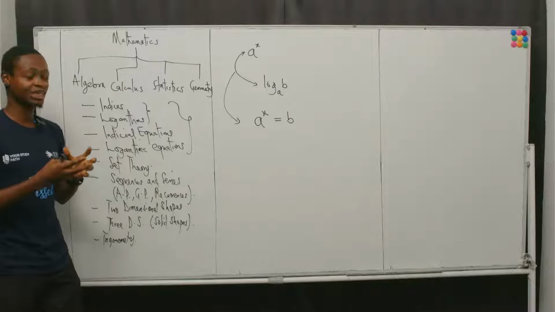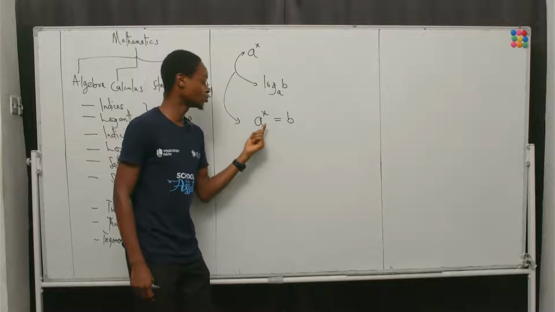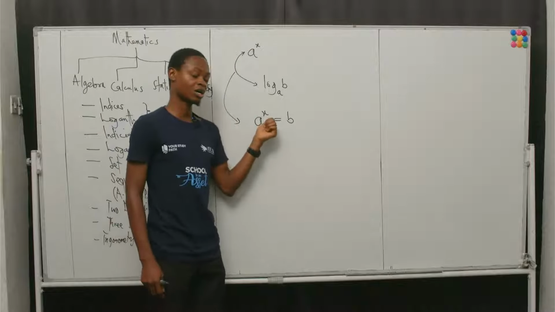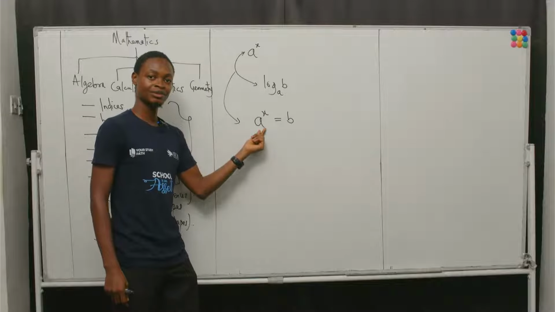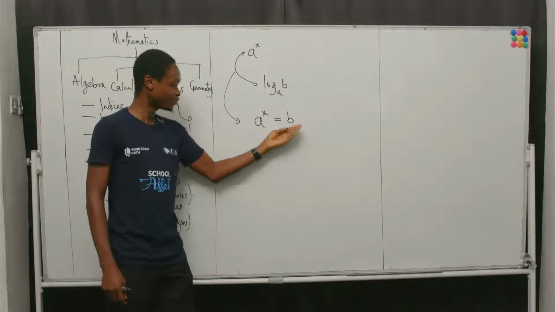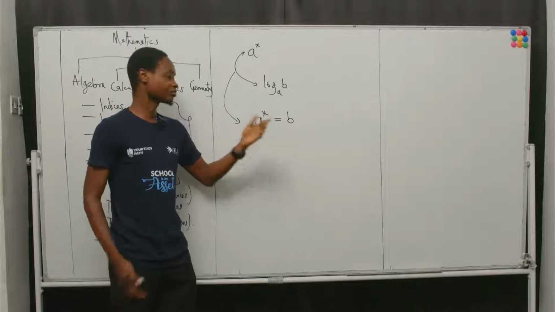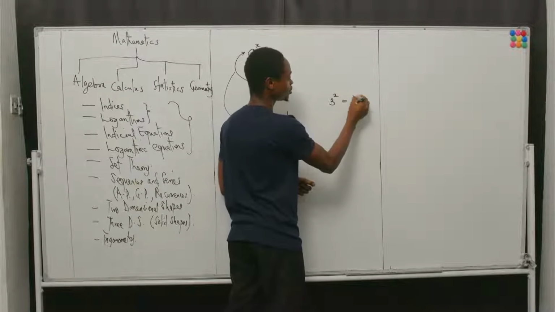This expression is saying that the number b is equal to a raised to the power of x, which means if I were to multiply a with itself x times, I expect to get b. In practice, that means if I have 3 squared, I expect to get 9.